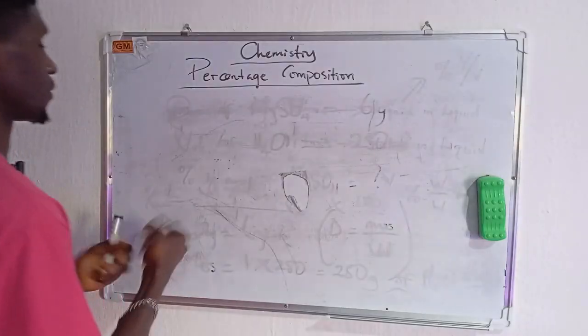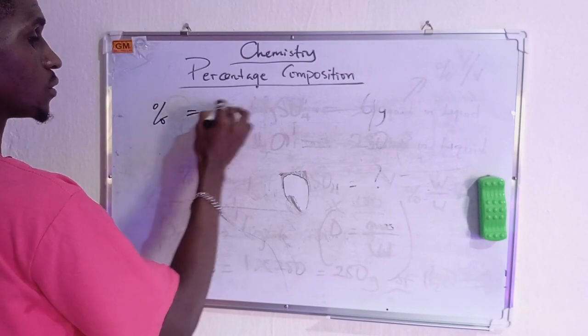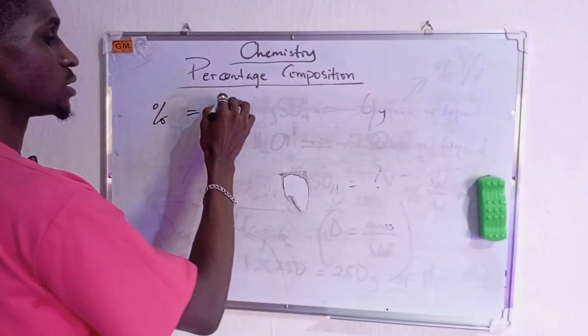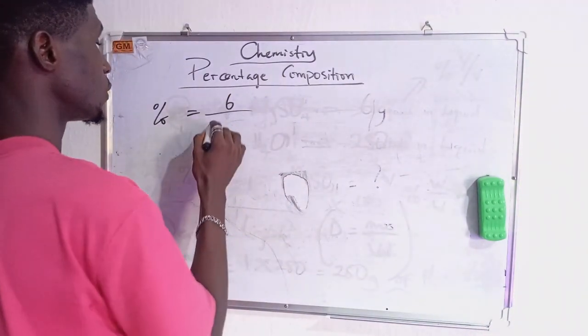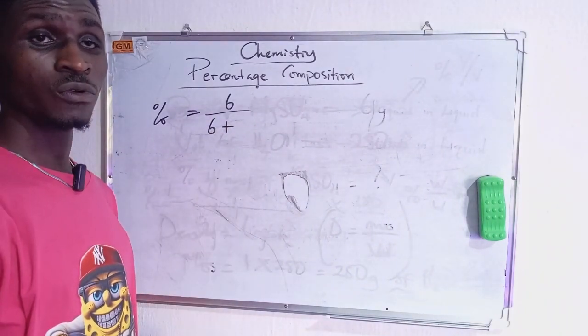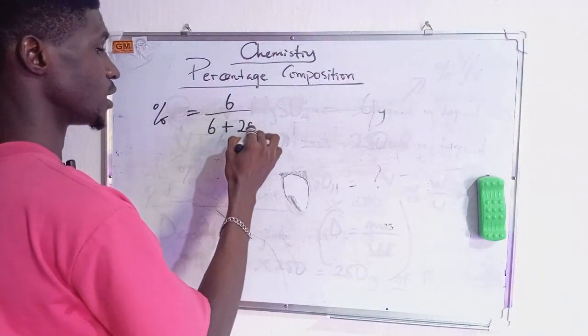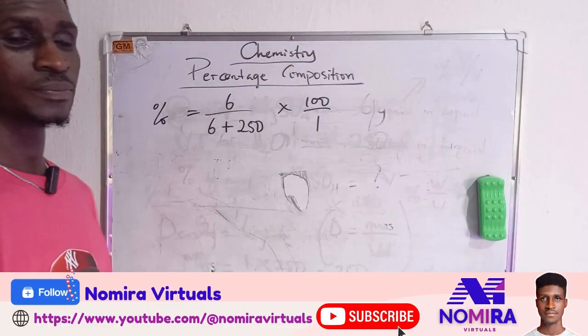you will have percentage composition by mass of the solute will be 6 gram of the solute, which was given to us, over 6 plus the actual mass of water here, 250. Then times 100 over 1.